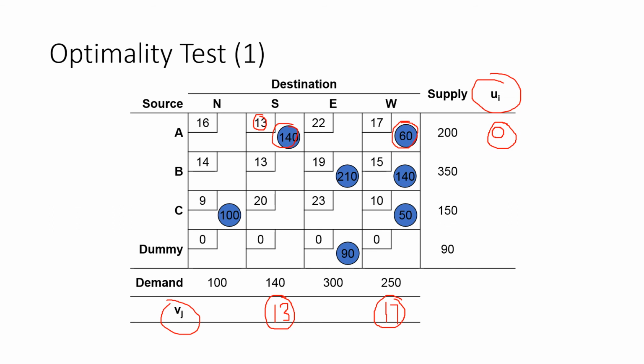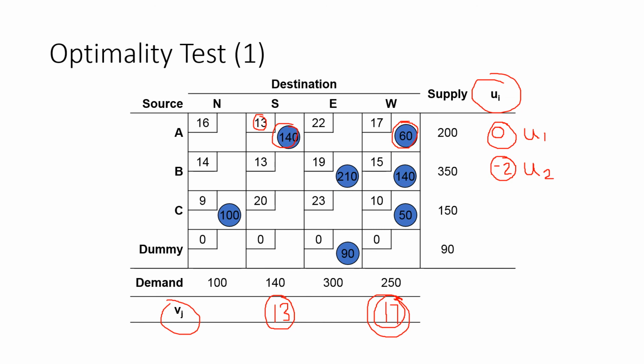This is U1, this is U2. How can I find it? I'll say 17, which I just found right now, plus something, the U2, equal 15. This something must be what? Minus 2. So minus 2 plus 17 equal 15, and so on.